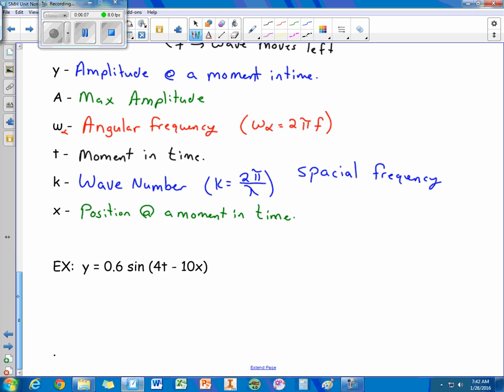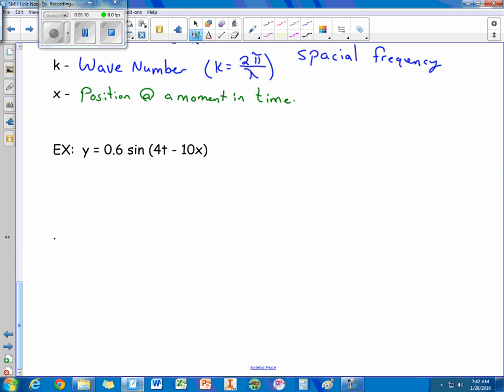All right, so let's look at an example here. So here we have a formula that's describing a sine wave. So here's some things we can pull from this. First thing I can say is that the maximum amplitude is 60 centimeters. The next thing, I know that angular frequency is 2 pi times f.